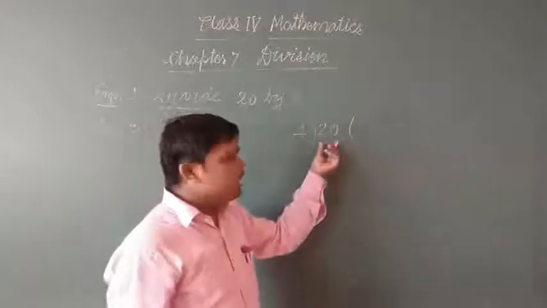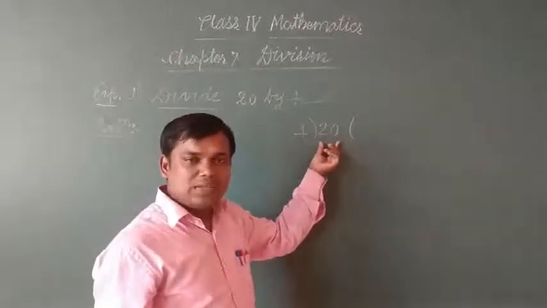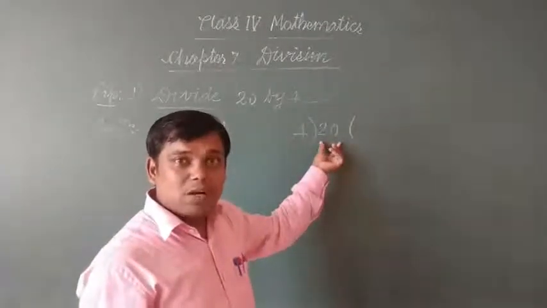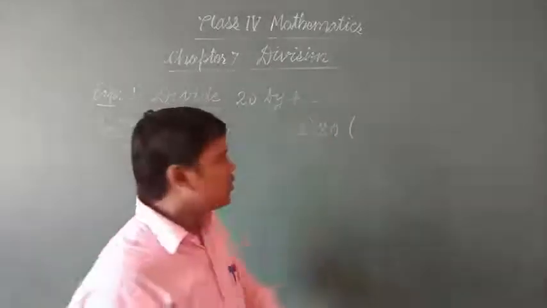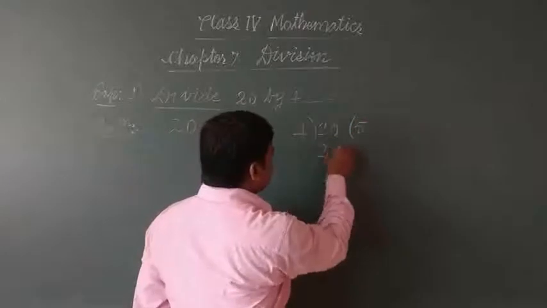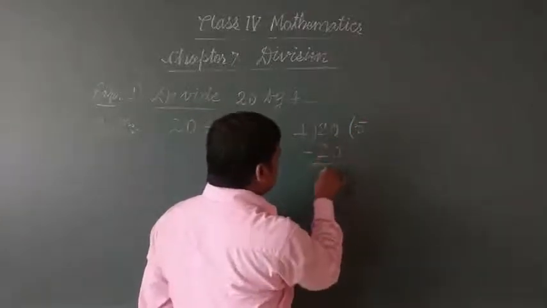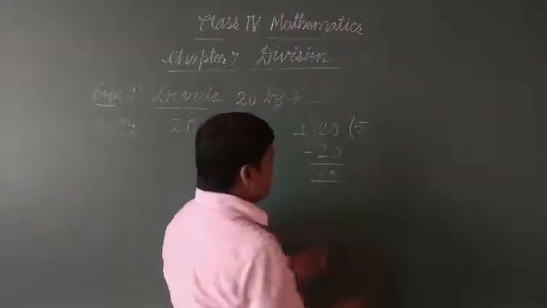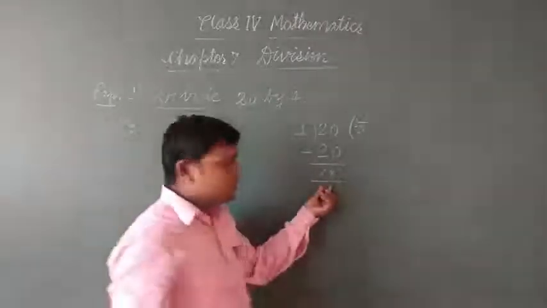So we exactly got 20 when we read the table of 4 five times. So we write here 4 5 ja 20. We subtract this one and we get difference here 0.